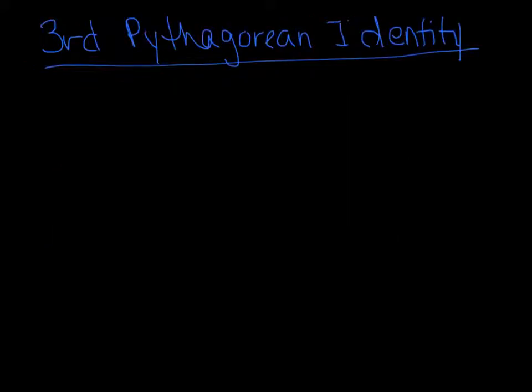The third Pythagorean identity is also going to stem off of the first one. That comes from the Pythagorean theorem. That's why it's called a Pythagorean identity. So sine squared theta plus cosine squared theta equals 1.